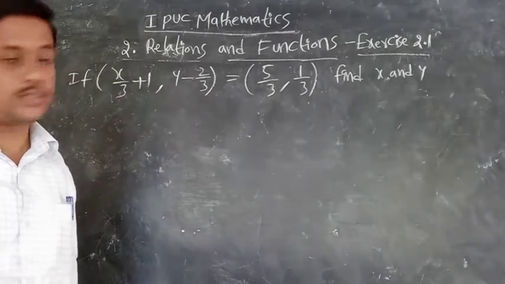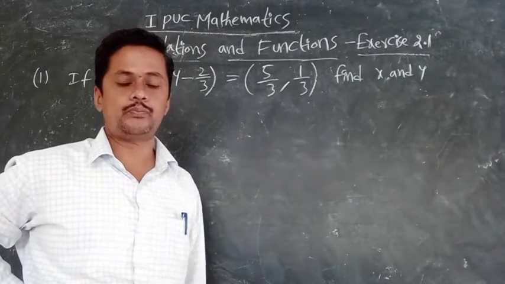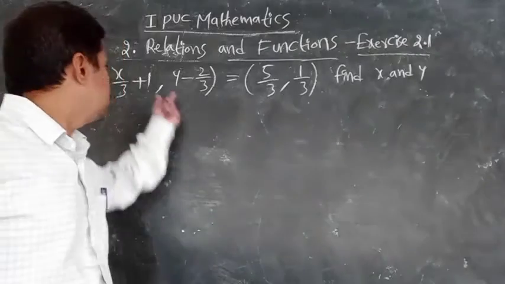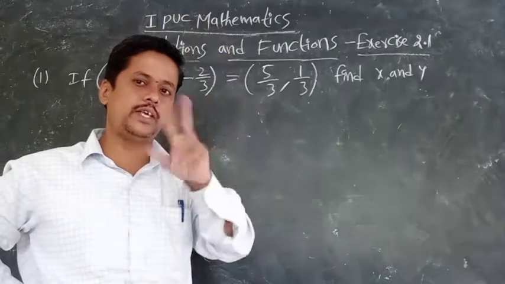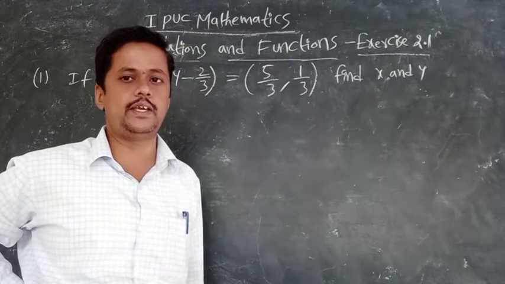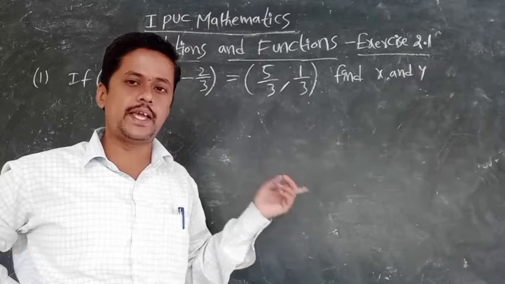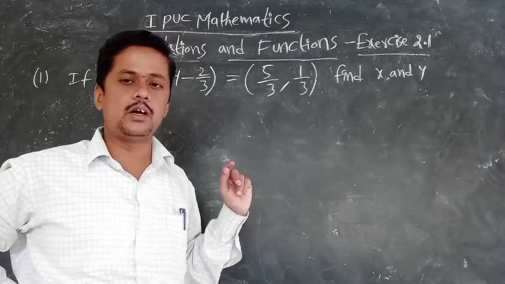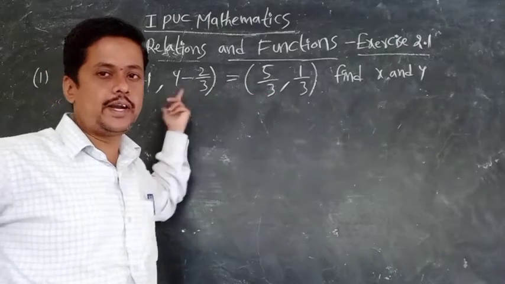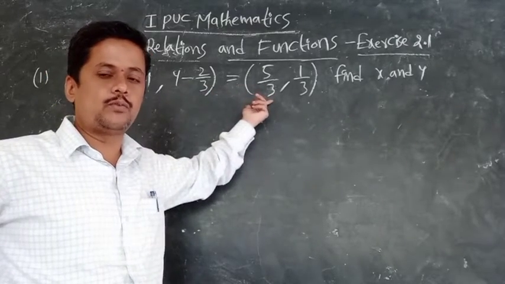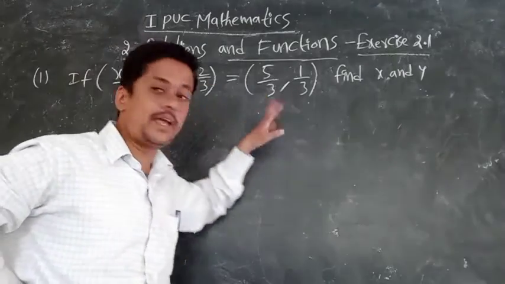Okay, how to solve this one? One very important point I already told: if two ordered pairs are equal, then the corresponding x coordinates are equal and the corresponding y coordinates are equal.